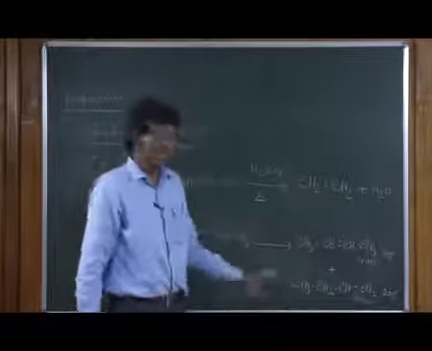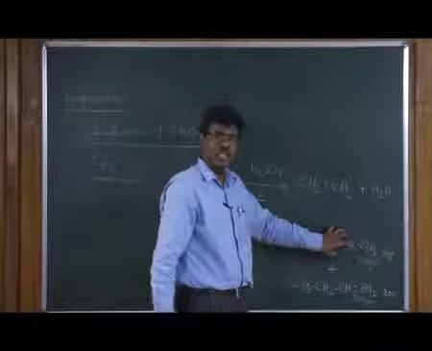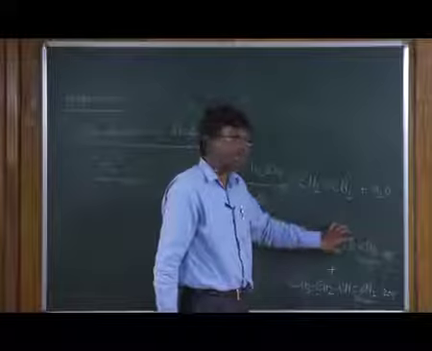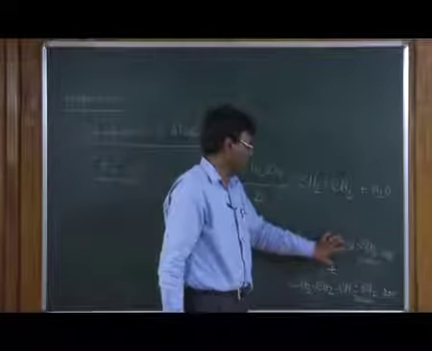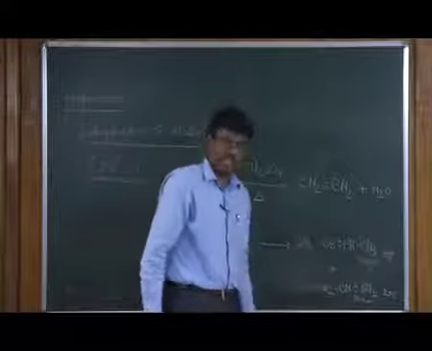These things we will study later, because a more substituted double bond is more stable, so formation of this alkene takes place more efficiently than that.